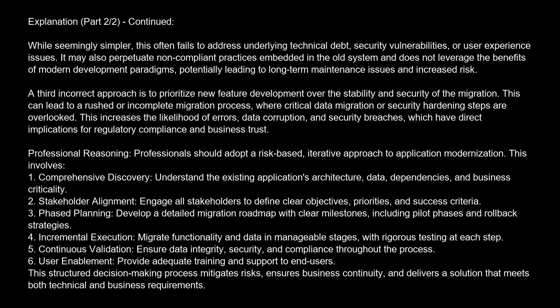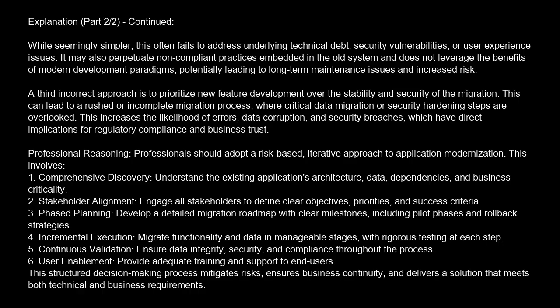This involves 1. Comprehensive discovery. Understand the existing application's architecture, data, dependencies, and business criticality. 2. Stakeholder alignment. Engage all stakeholders to define clear objectives, priorities, and success criteria. 3. Phased planning. Develop a detailed migration roadmap with clear milestones, including pilot phases and rollback strategies. 4. Incremental execution.